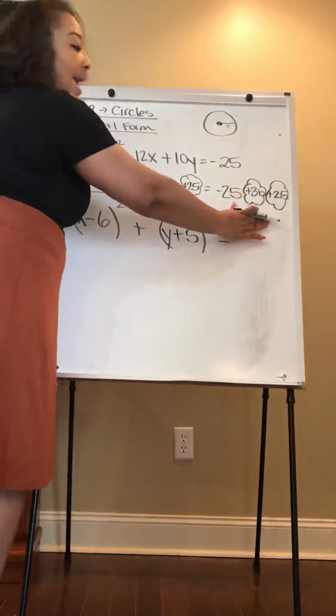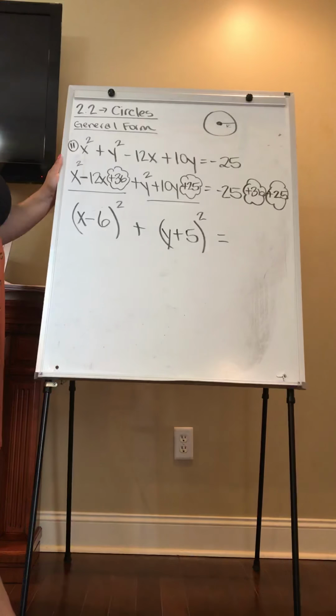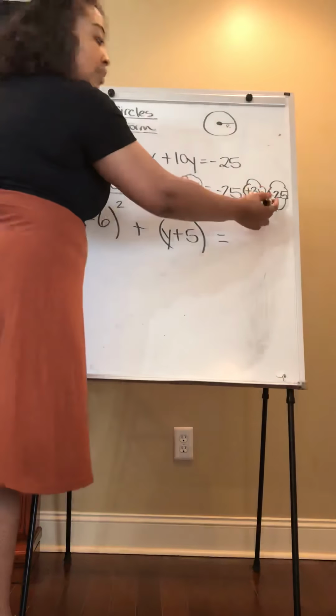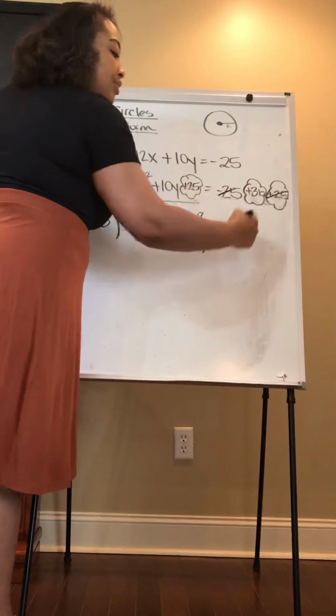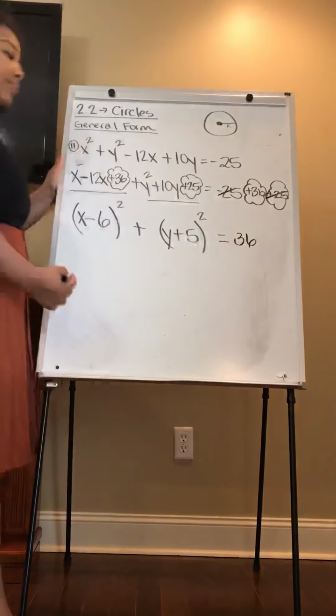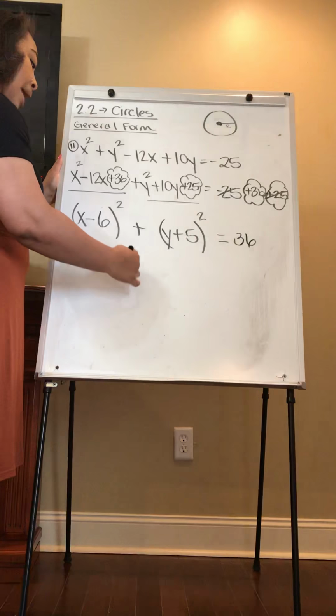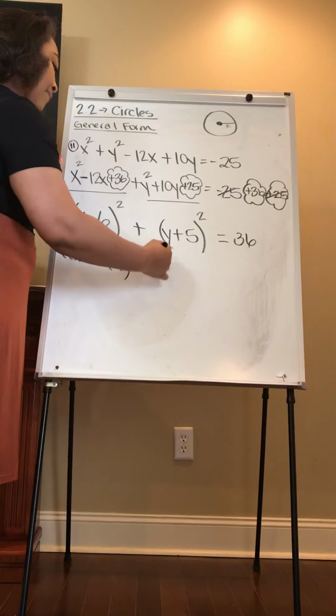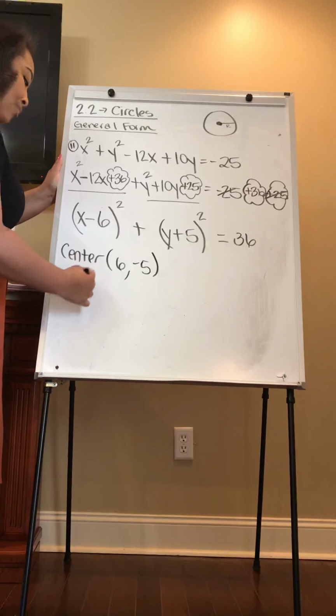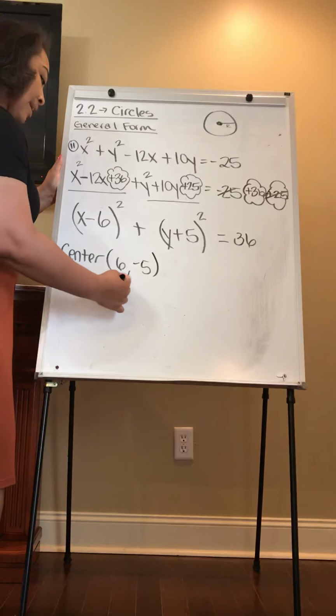And then you're going to add these three together. Negative 25 plus 25 will cancel out. So you're left with 36. So my center would be positive 6 and a negative 5. And my radius would be 6.